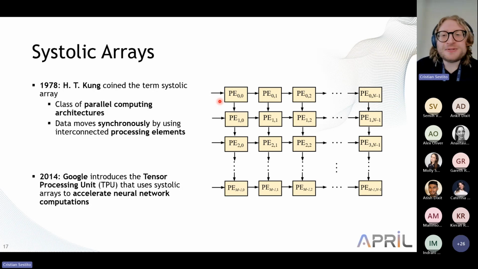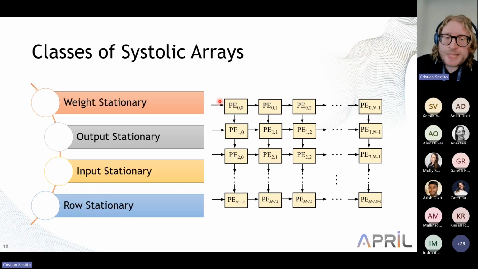Just a side note, two days ago, if I'm not wrong, the 7th generation of the tensor processing unit was presented. This highlights how systolic arrays are current and useful in today's research, but also for industry development of architectures for AI models. In 2014, Google introduced the tensor processing unit that uses systolic arrays to accelerate neural network computation.